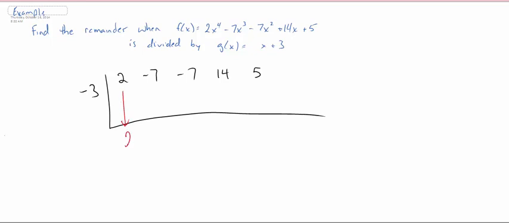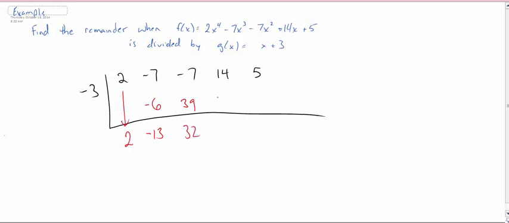I take the leading coefficient and drop it down. Now I'm going to multiply these together. -3 times 2 is -6. And I'm going to add inside the box. Then I multiply again, and then I'm going to add.